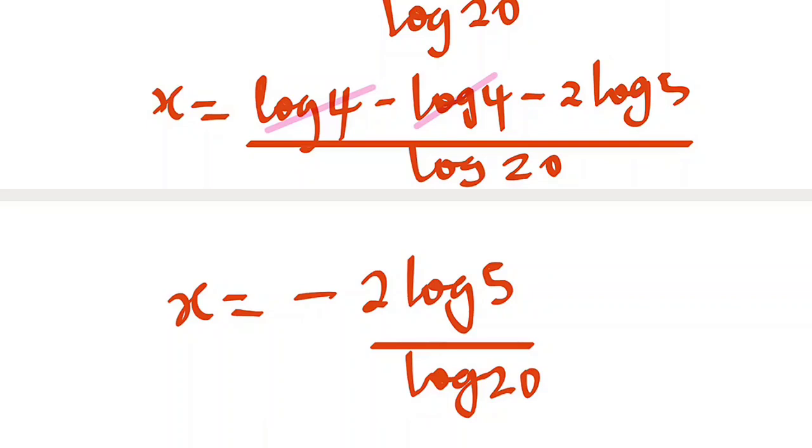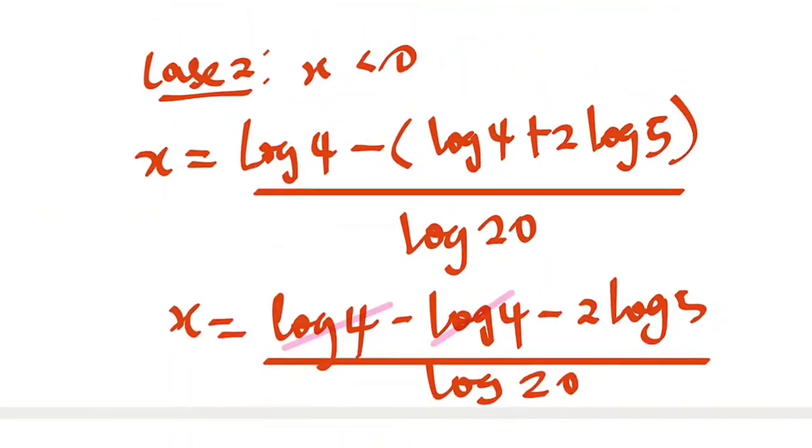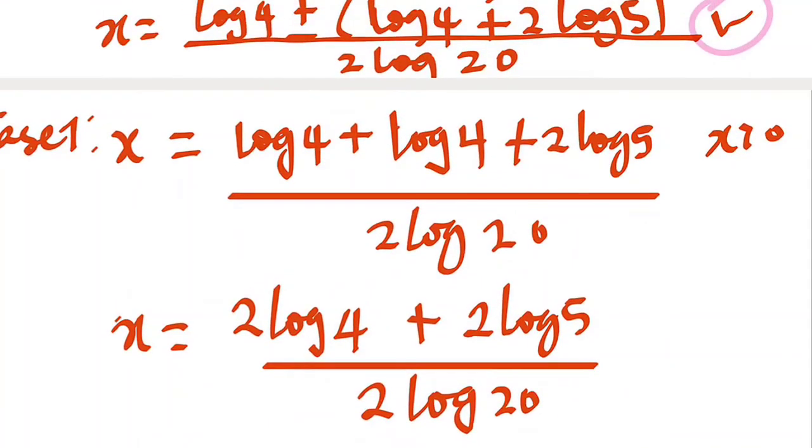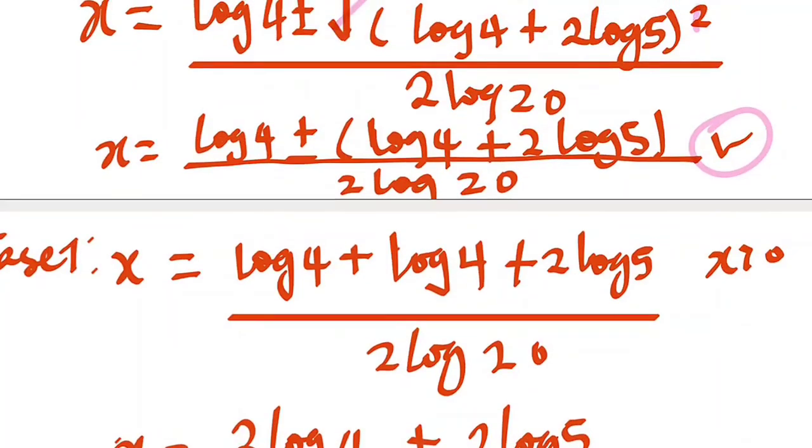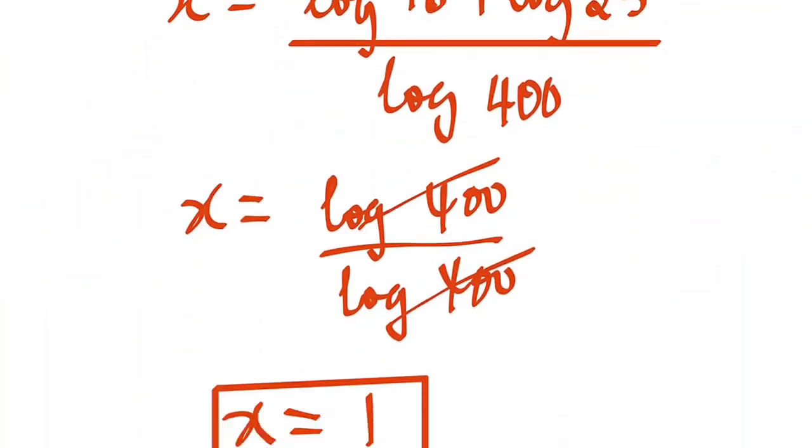Are you getting it? So sorry, here we have 2. If you go back to what we have up there, we have 2 log 20 underneath.